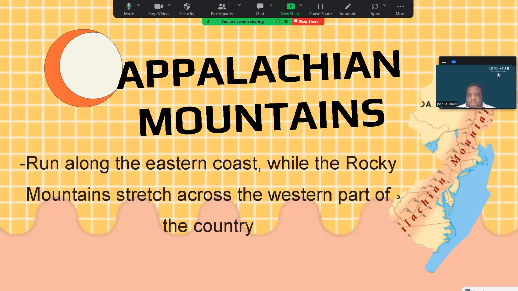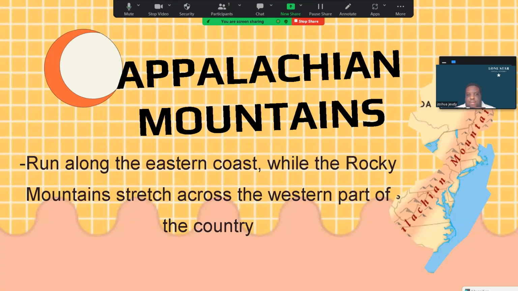So they stretch from northern Canada and then go all the way down to the valleys in the south of Georgia and the Carolinas and Tennessee, and pretty much stop there. Back in the day when our country was first founded, that was the major border. When you had the first 13 colonies, you should have learned this in 8th grade, the major border was the Appalachian Mountains.